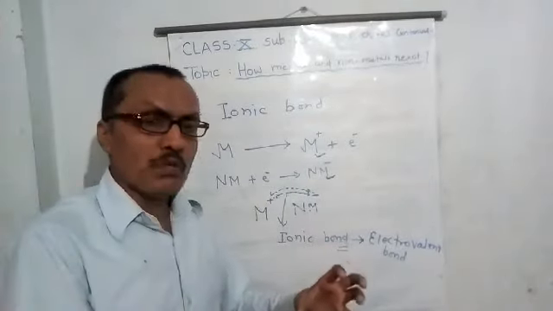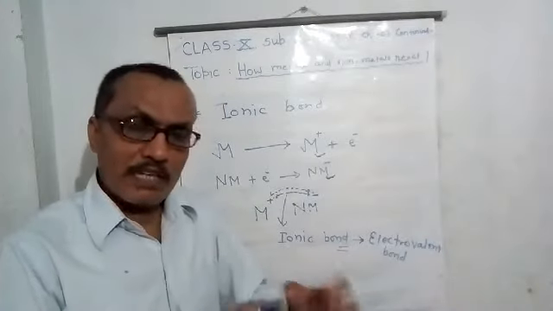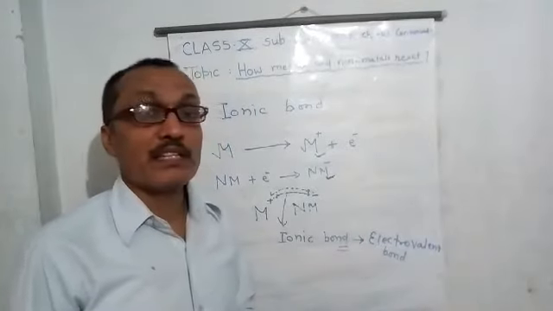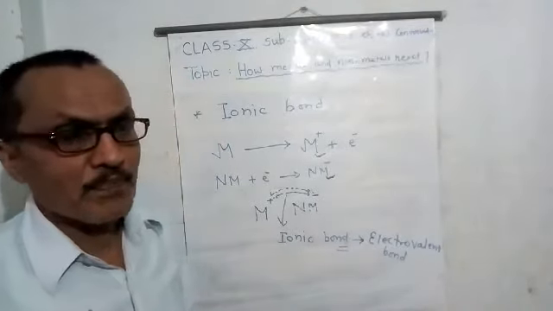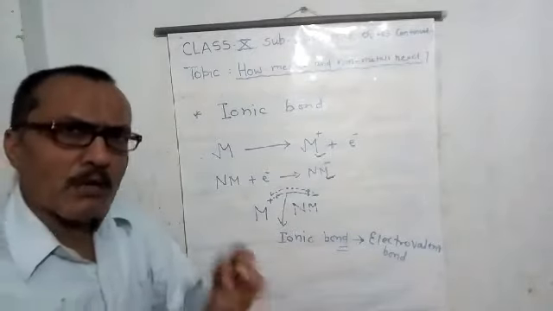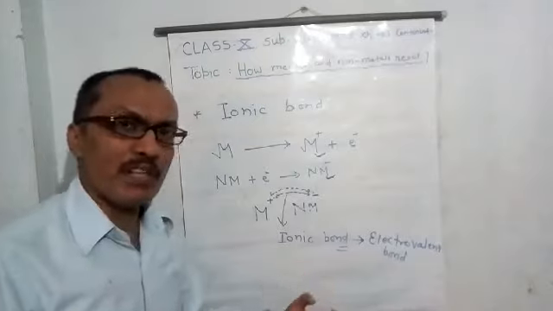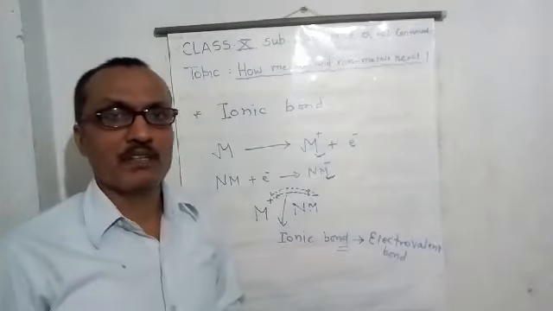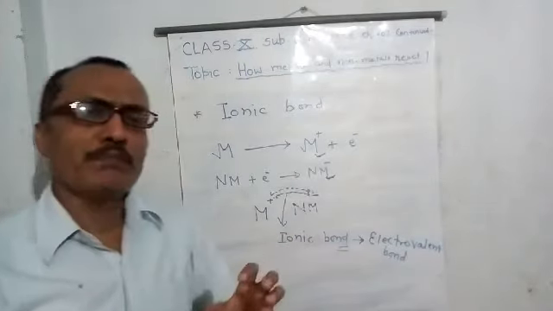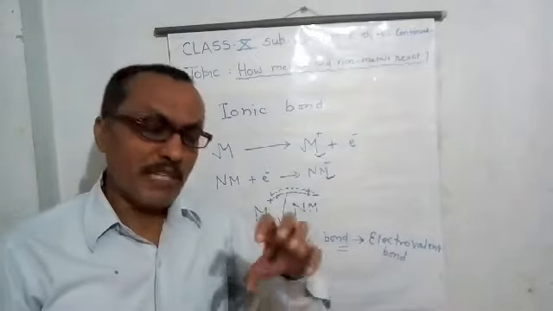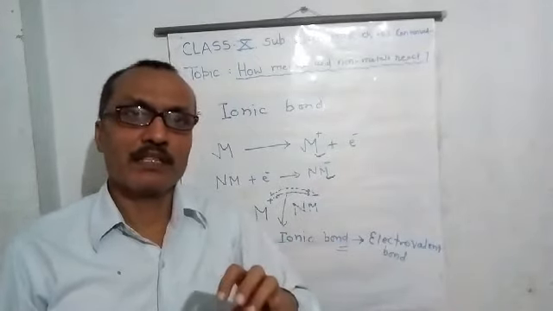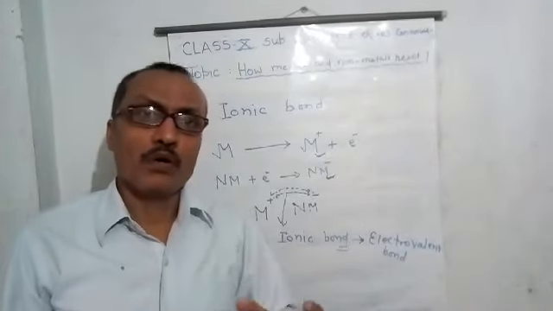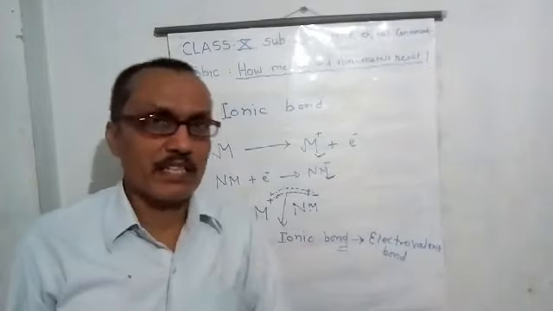So due to loss or gain of electrons of the valence shell, this bond is also known as electrovalent bond. The compounds in which ionic bond exists are known as ionic compounds. Keep in mind, compounds made from metals and non-metals are ionic compounds because in all of them ionic bond exists.